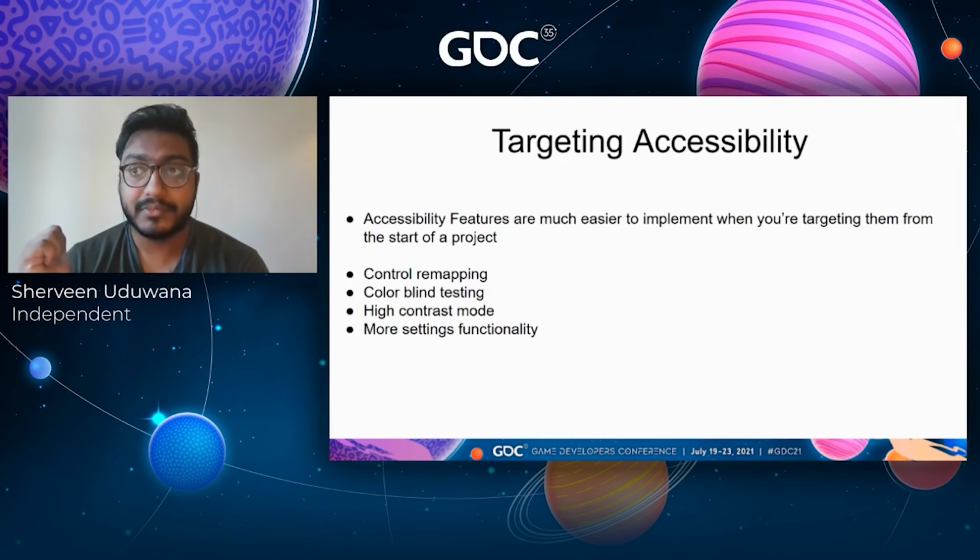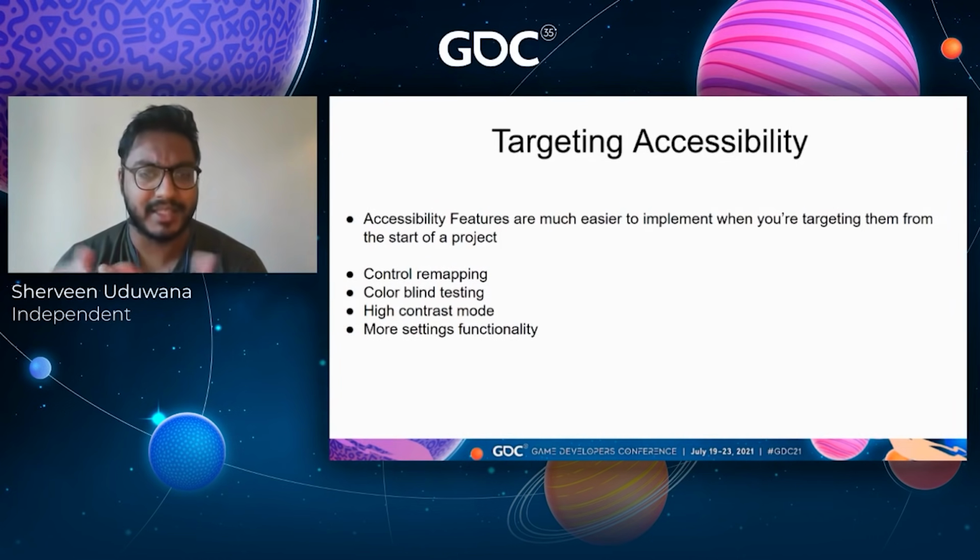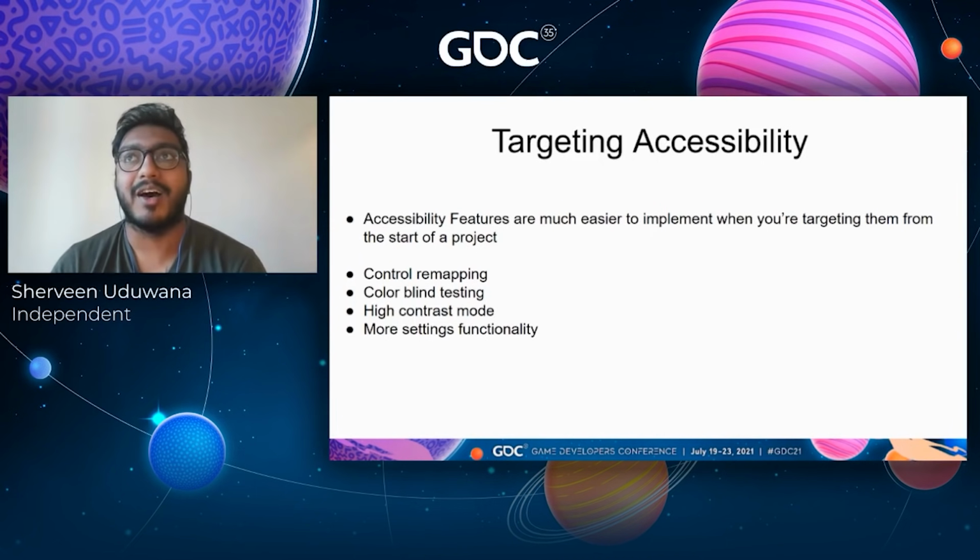Like controller remapping. That was something I worked on in a past project, and when I was working on Midautumn, I just tossed that into the settings menu. It perhaps has the same bugs that it had from the previous project, but it's there and I can continue working on it. I also have a setup to help with colorblind testing, high contrast mode, and just more types of settings.